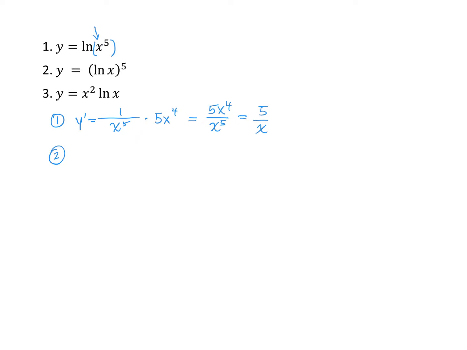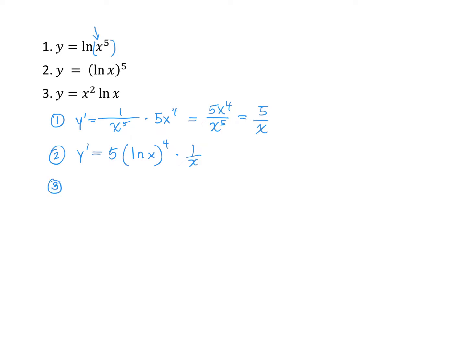So on this one, we start with the outside, remember, when you're doing chain rule. And so you bring the 5 down, you leave the inside alone, and you go to the 4th power. So you're taking the derivative of the outside function, leaving the inside function alone, and then multiplying it times the derivative of the inside function. And that happens to be 1 over x. Super easy.